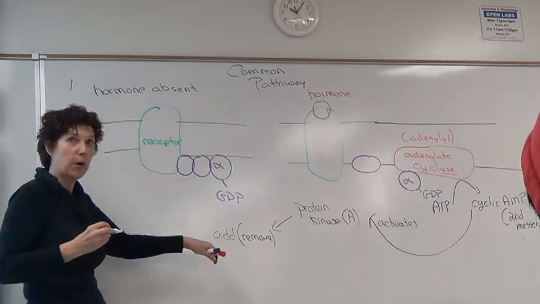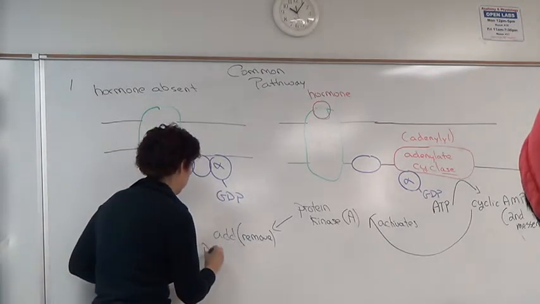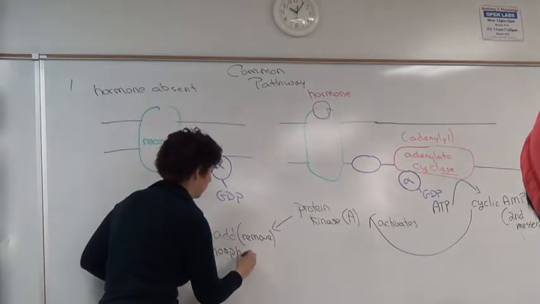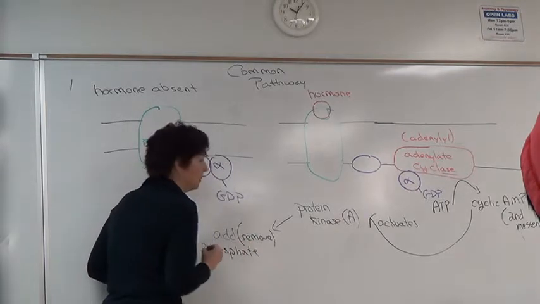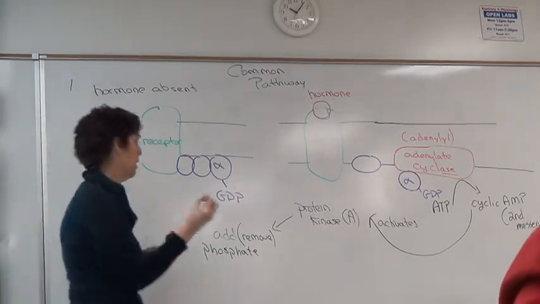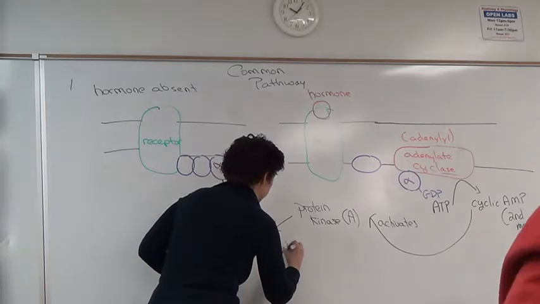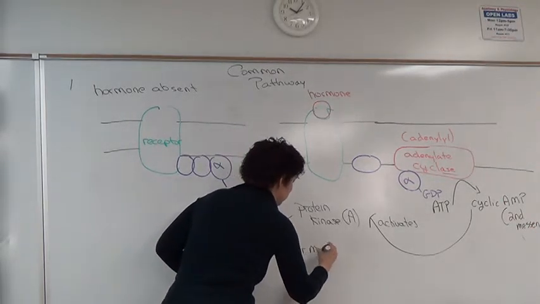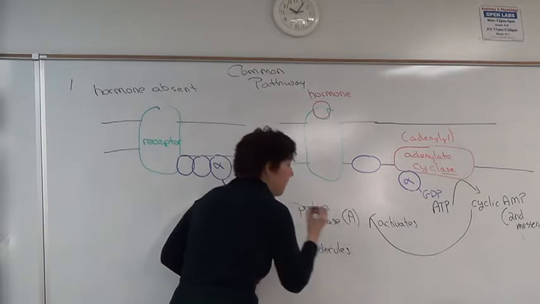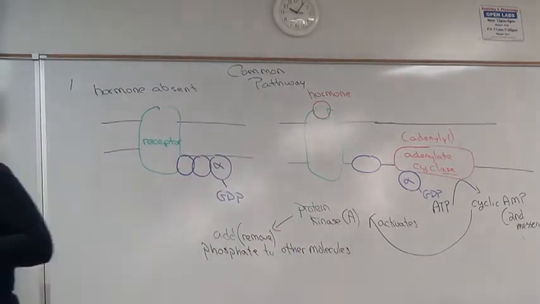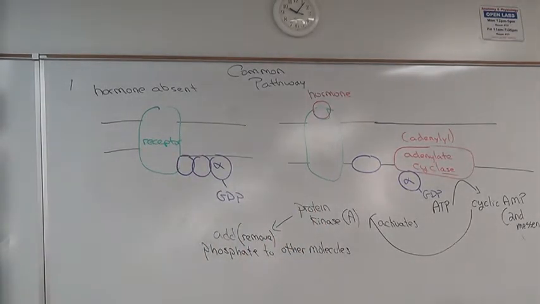But usually, in most cells, it will add phosphate groups to other molecules. So there may be other enzymes in the cell, and they have to be activated by protein kinase. So this is that cascade of events that start because the receptor is binding its hormone.